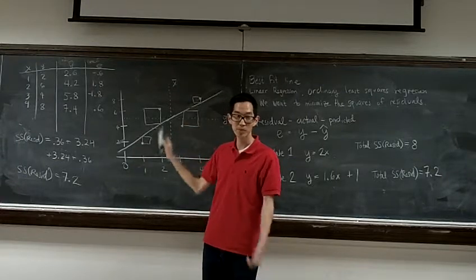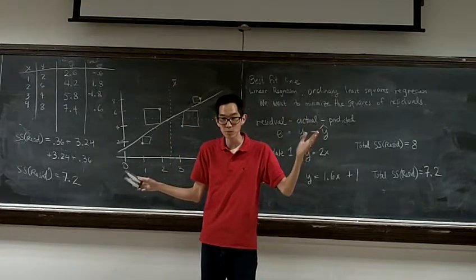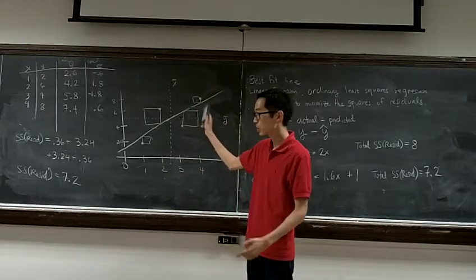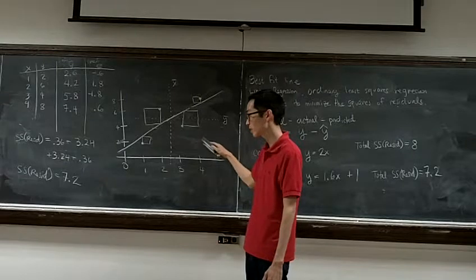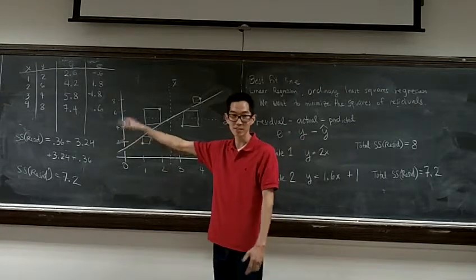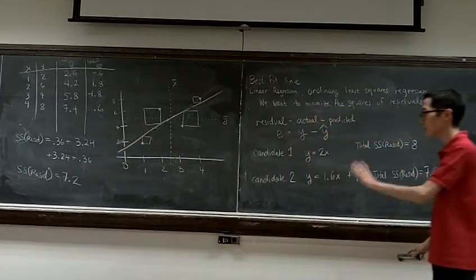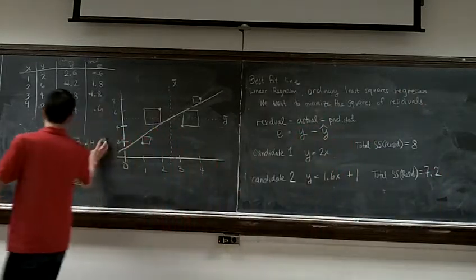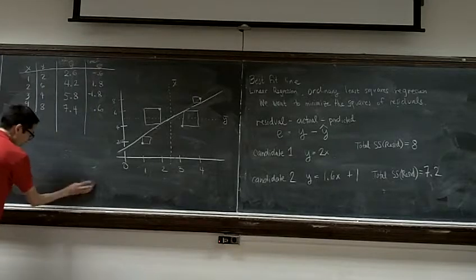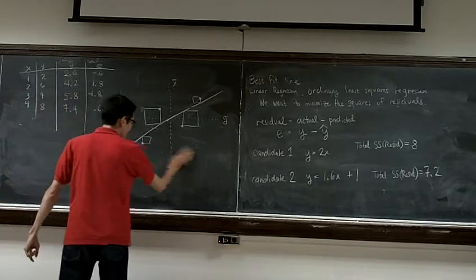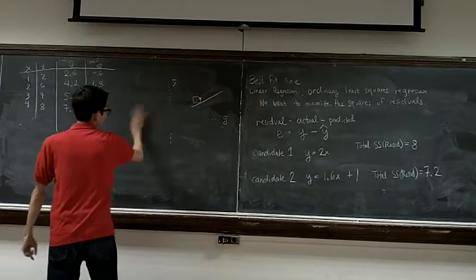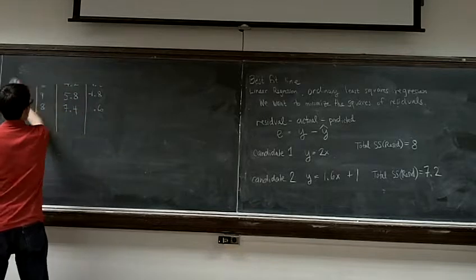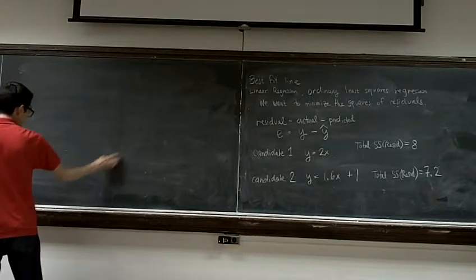Whatever line y equals mx plus b, I take the difference between the actual data points and the predicted values, and I'm trying to minimize this. Anyway, smart people did that for us, and they came up with a formula that works for all linear regression cases.